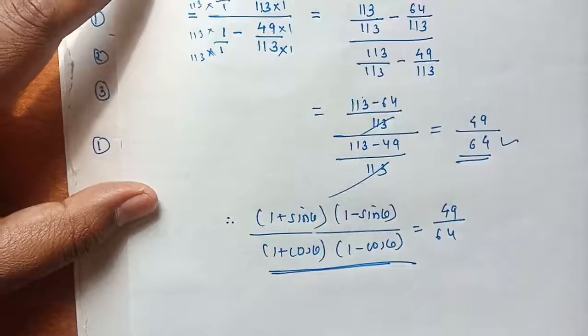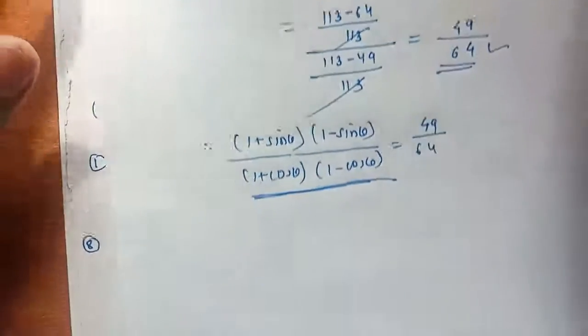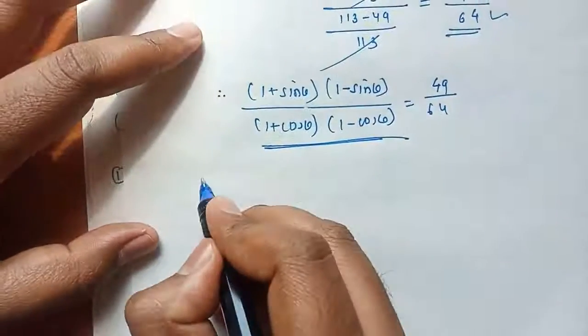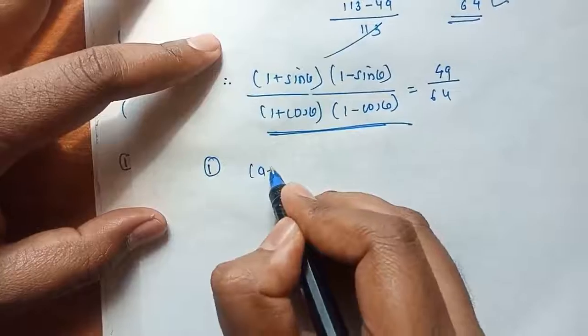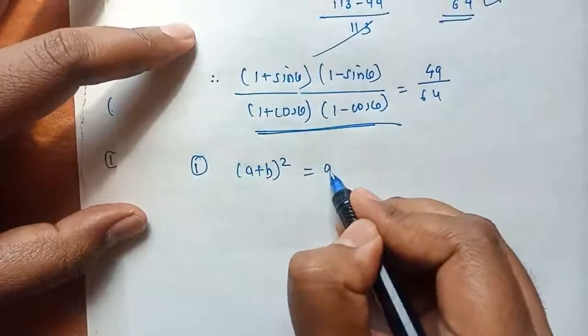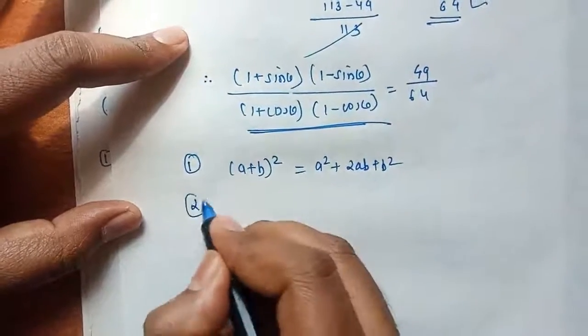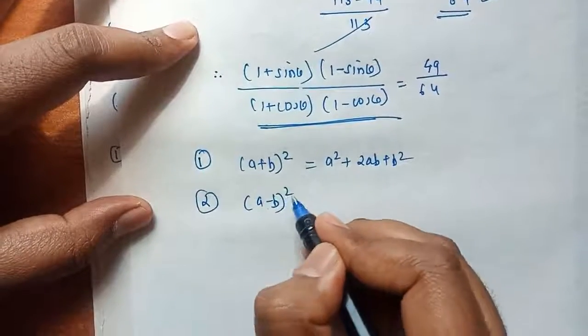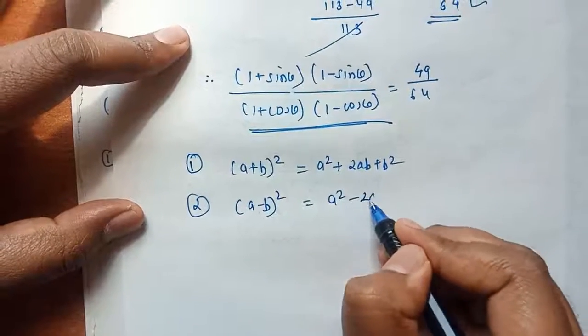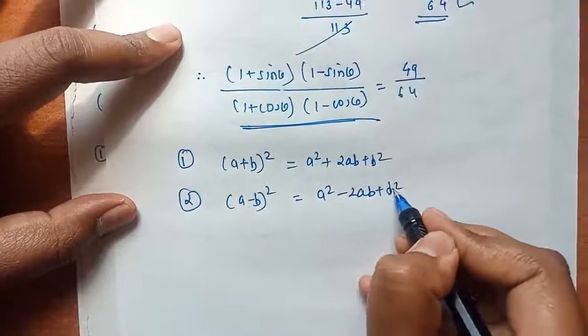Remember, students, there are certain identities you should know in 10th standard. I will write them down here. First identity: a plus b bracket square is equal to a square plus 2ab plus b square. Next, a minus b bracket square is equal to a square minus 2ab plus b square.